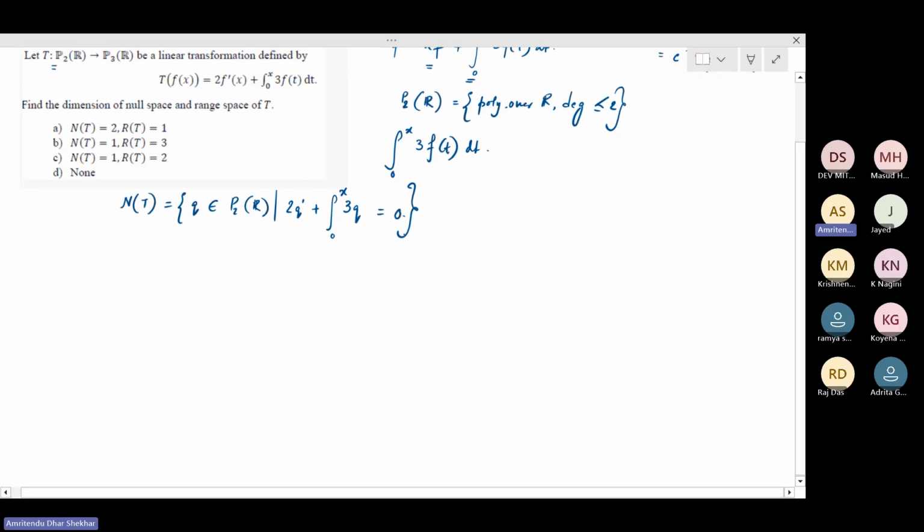You immediately notice that the differentiation operation will reduce the degree by 1, whereas the integration will increase the degree by 1, right?